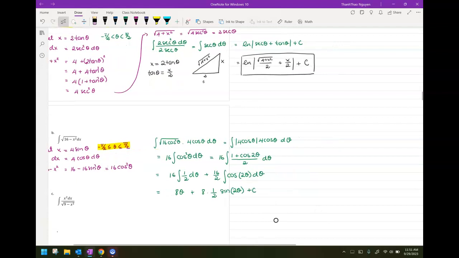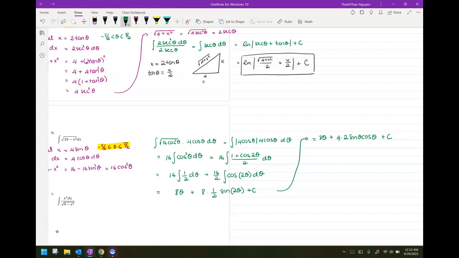Now we want our result in terms of x, not in terms of theta. So this equals 8 theta plus 4 times 2 sine theta times cosine theta plus c.